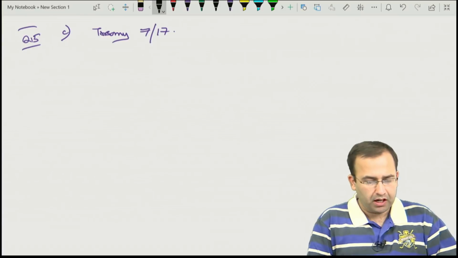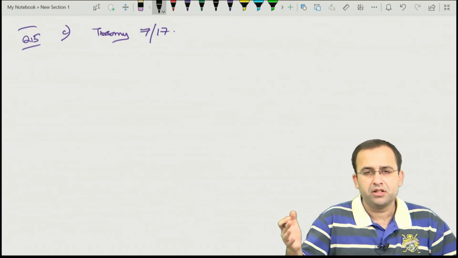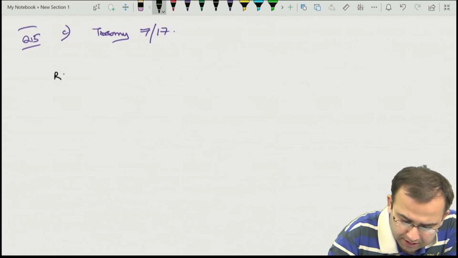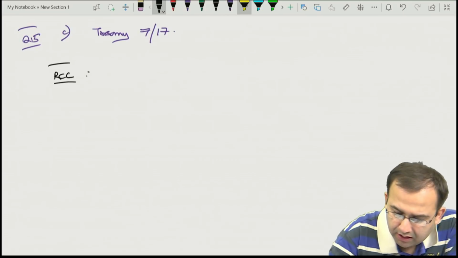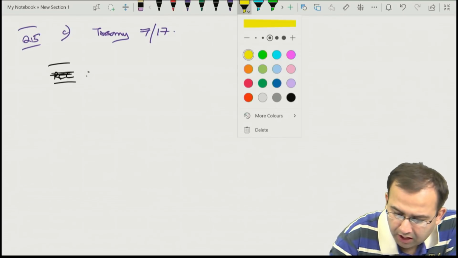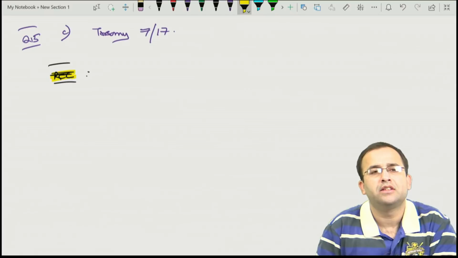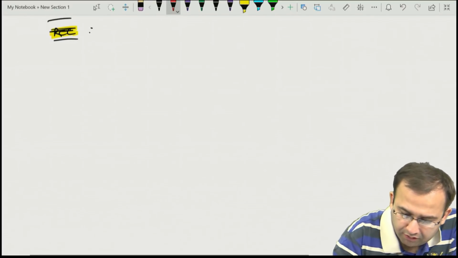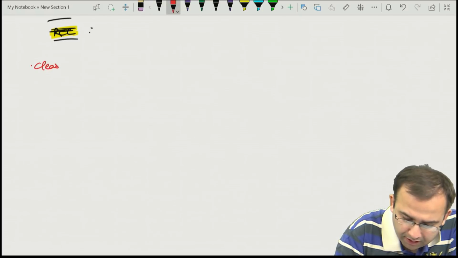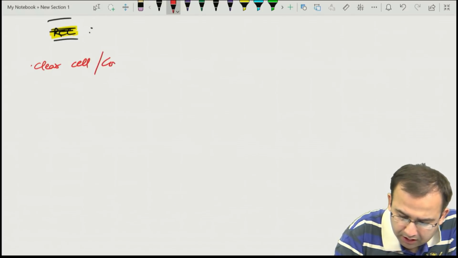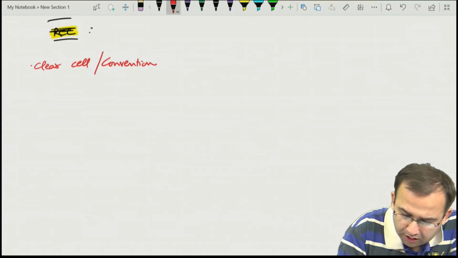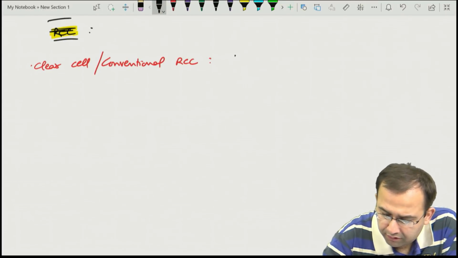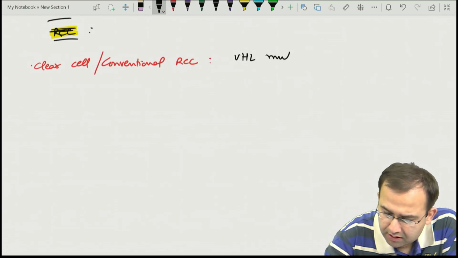So before we start with our master table of gene mutations, the cancers with the gene mutations, let us start with RCC, renal cell carcinoma. First point, if nothing is written, we mean the clear cell or the conventional RCC, associated with VHL mutations.